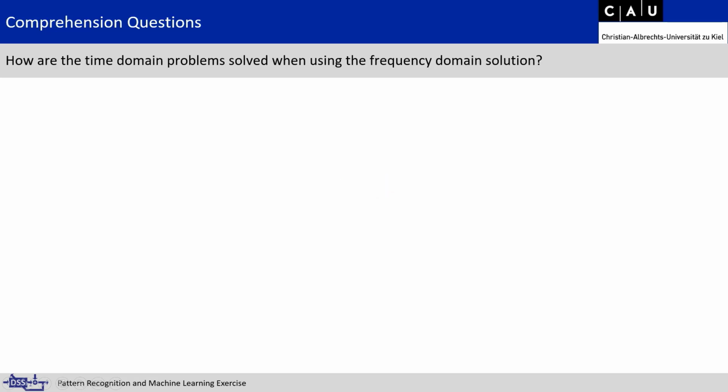How is the time domain problem solved when using the frequency domain solution? Again, let me write down the solution. It's h_opt equals 1 minus SBB divided by SYY. You see that this solution also needs two quantities like the time domain solution.